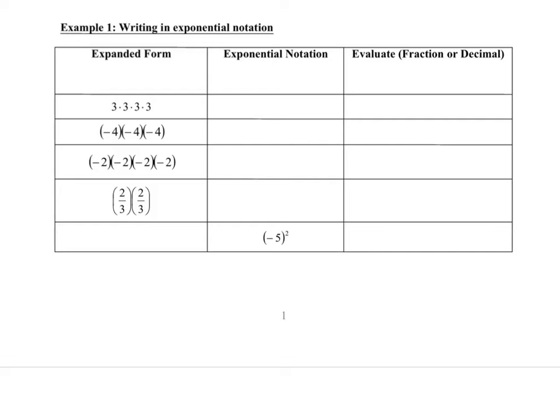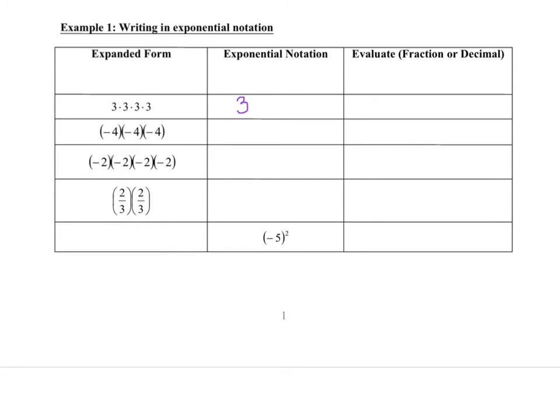Now let's look at our first row, 3 times 3 times 3 times 3. How would we write that as an exponent? Well, we would first identify our base, which would be 3, and then identify our exponent by counting how many times 3 is repeated, which is 1, 2, 3, 4.